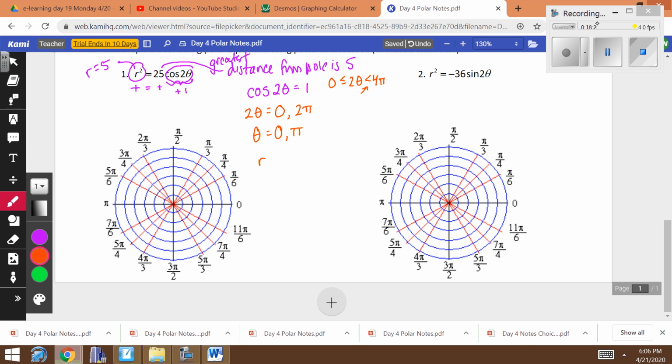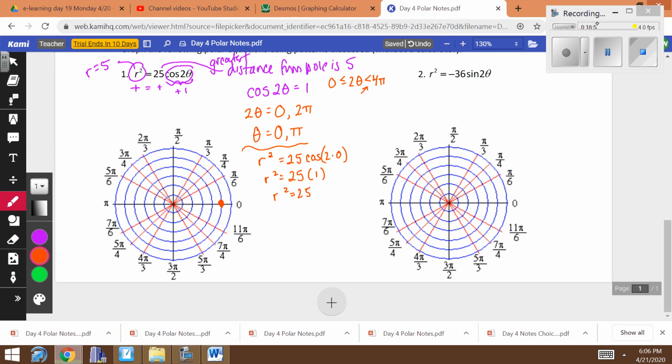Again, you wouldn't have to do this, but if I were to plug it back in, this would be 2 times 0. We know the cosine of 0 is 1, and r squared would be 25. So r would be positive and negative 5.